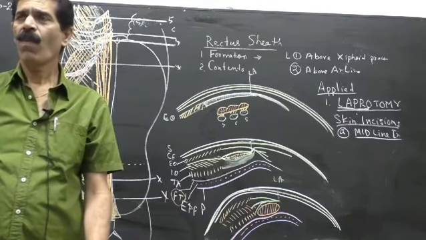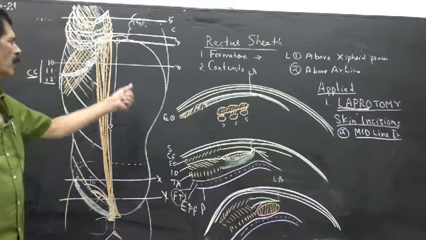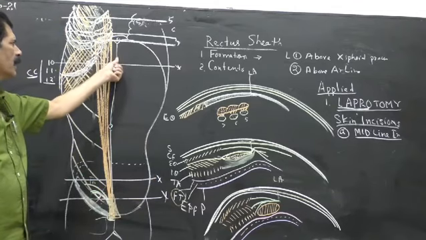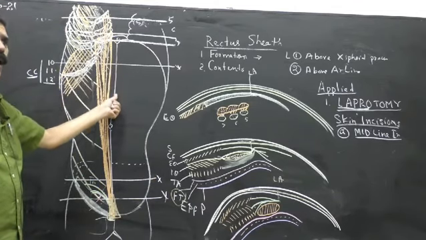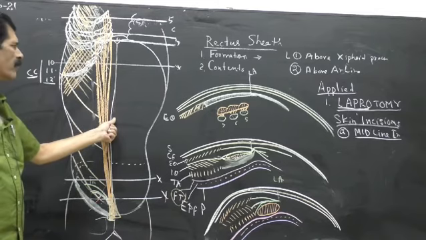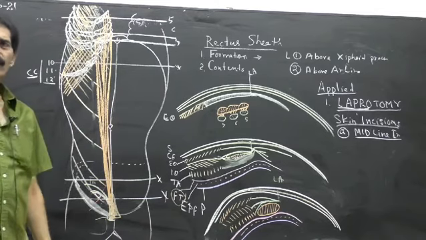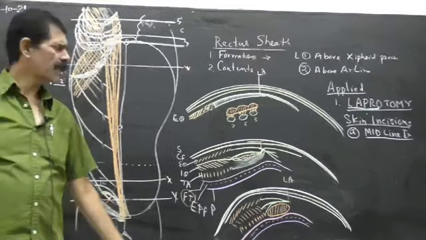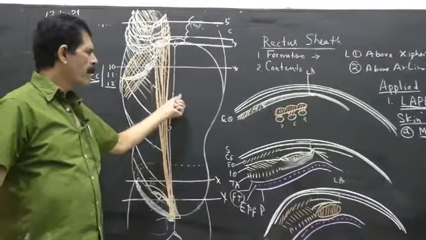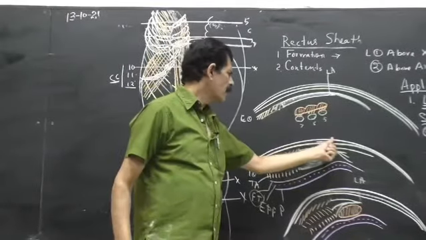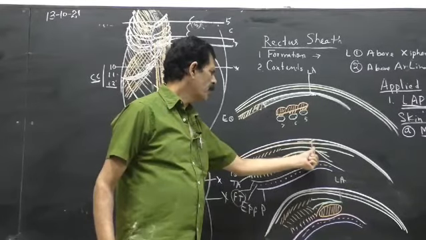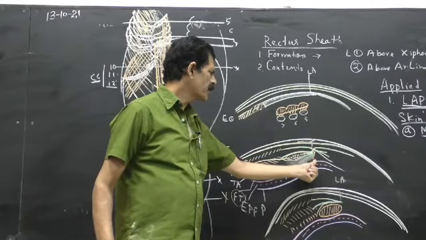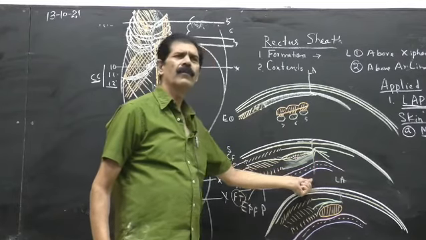Why? Because when we cut the skin and the linea alba above the umbilicus, we can go into the abdomen by cutting the linea alba, all the aponeurosis, fascia transversalis, extraperitoneal fat, and peritoneum, and we reach the abdomen.